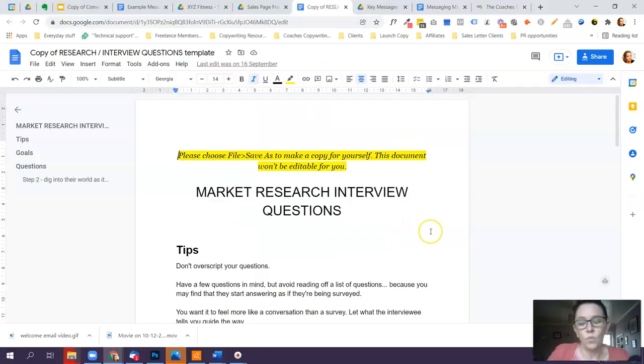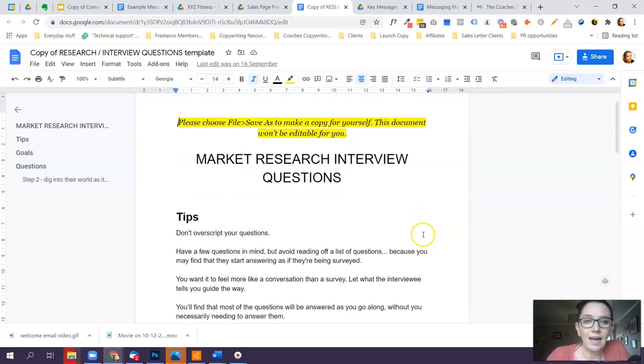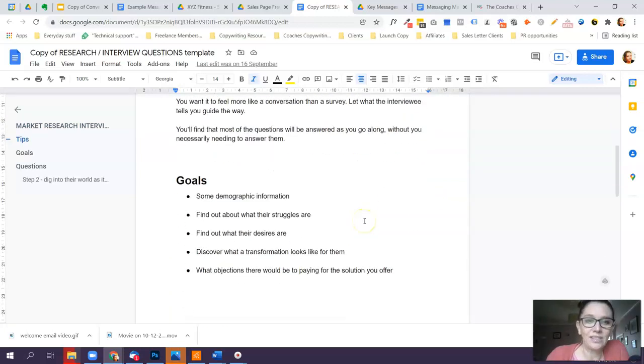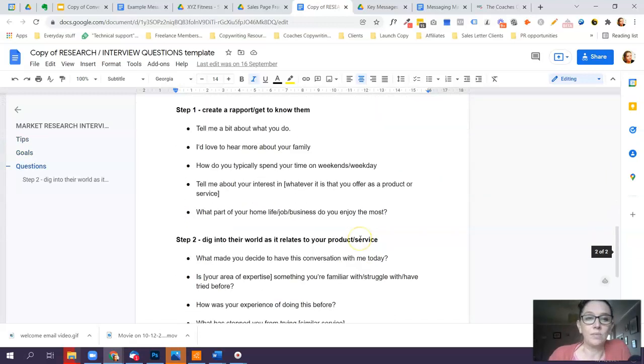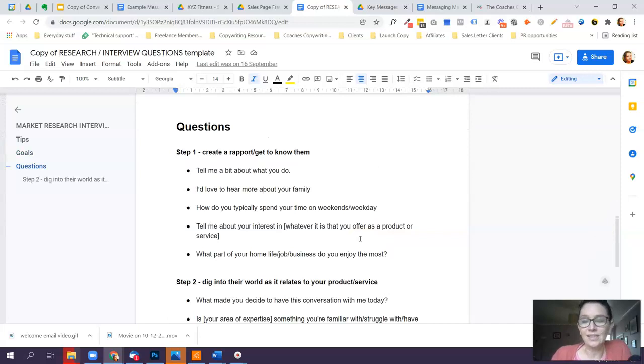All right, so with the market research interviews for my client, I gave him a copy of this document, and all that this is, it was just some goals to keep in mind, what it is that he wanted to get out of the conversation with the people in his audience, and also some prompts here, some questions to help guide the conversation.